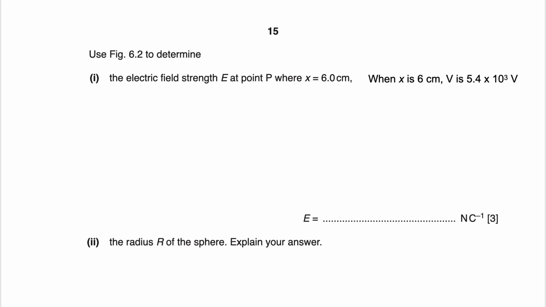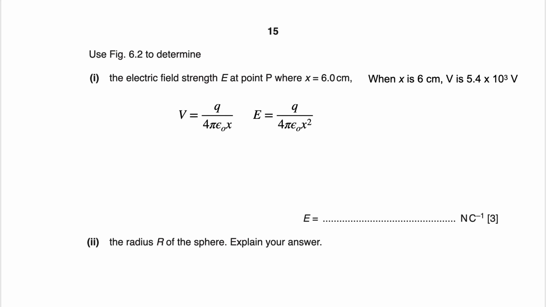Okay, what's given: when x is 6 centimeter, the voltage is 5.4 into 10 power 3 volt. Now this is a formula that we know: V is q divided by 4 pi epsilon naught into x, where x is the distance. What is E? By the way, we need E. We know V is this and we know E is this.